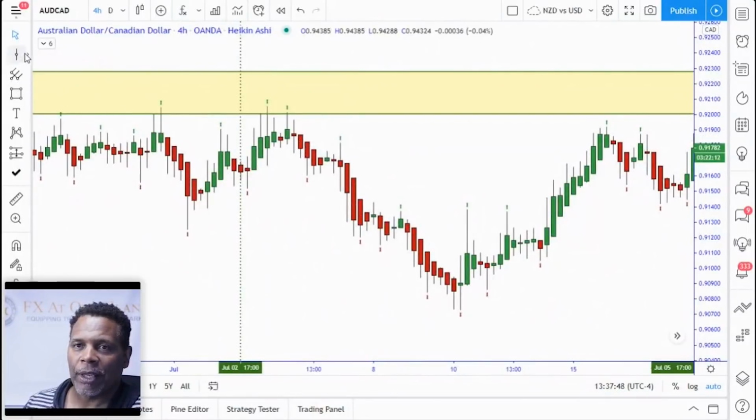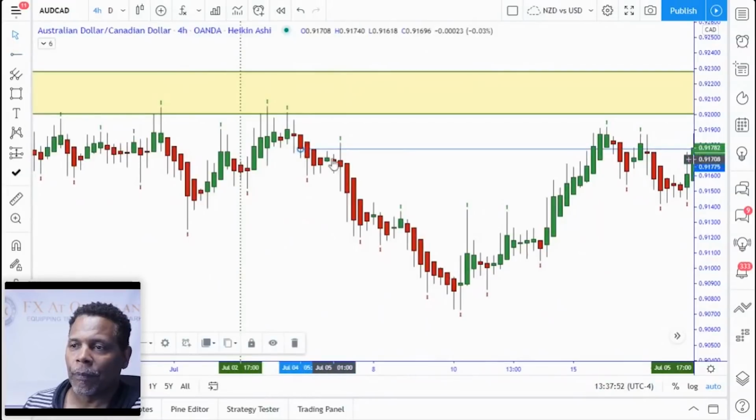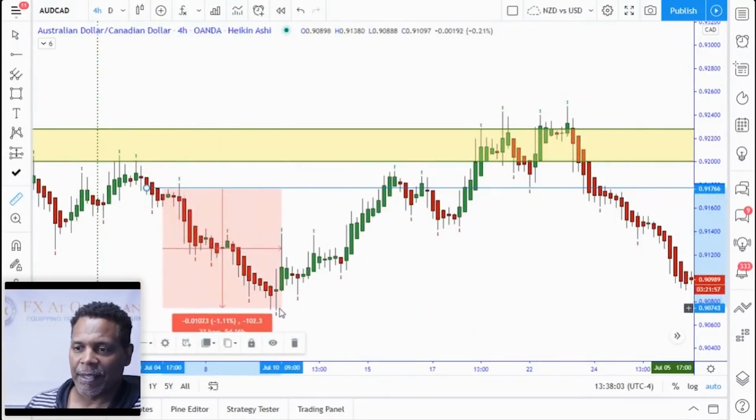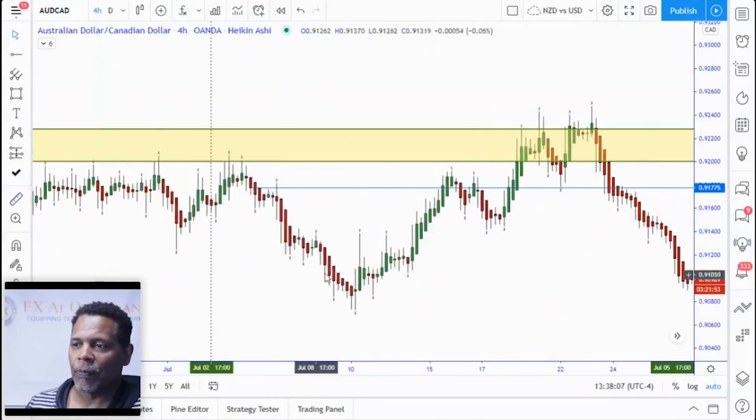So I entered the market here, right there. And the market gave me some good profit. Then it came back. All right, at that point, what was this? That's over 100 pips.